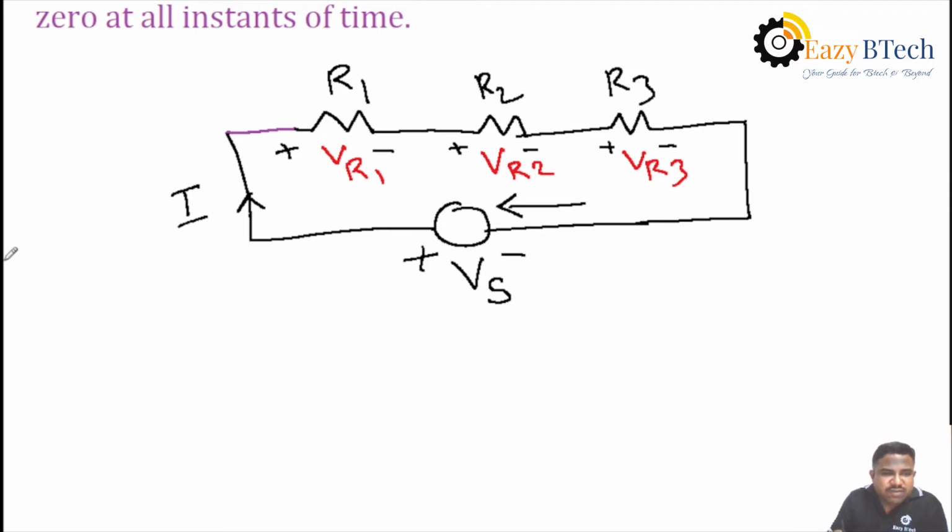Then apply KVL. According to KVL, what is the law here? The current is flowing through the source from minus to plus, that is, lower potential to higher potential. That's why we take the source voltage as plus.